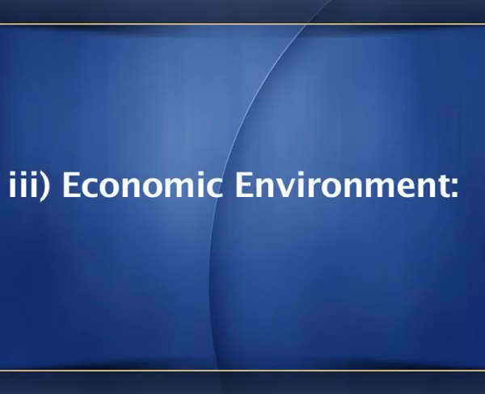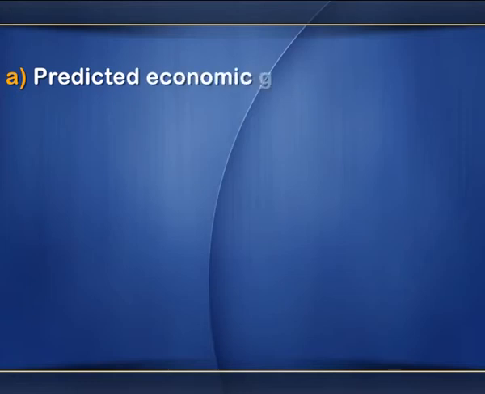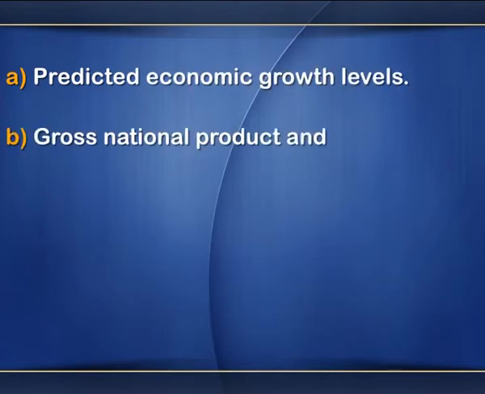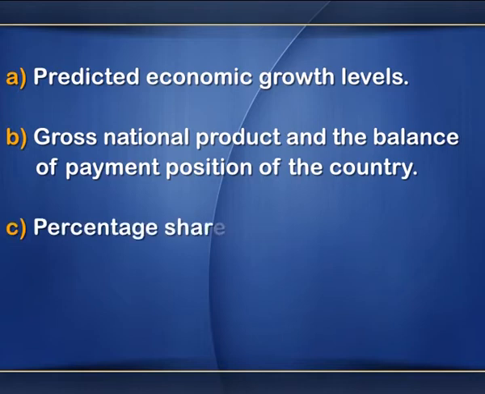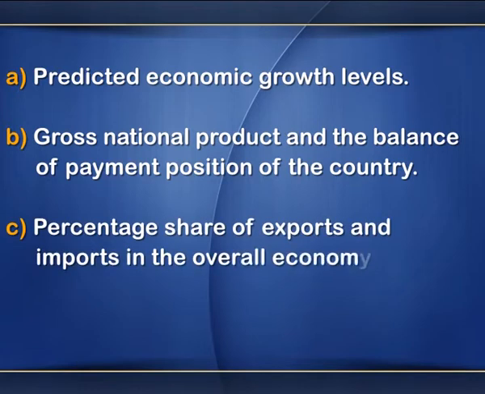The third point, economic environment. The exporter should analyze the economic environment of the potential market by considering the following factors. A. Predicted economic growth levels. B. Gross national product and the balance of payment position of the country. C. Percentage share of exports and imports in the overall economy.